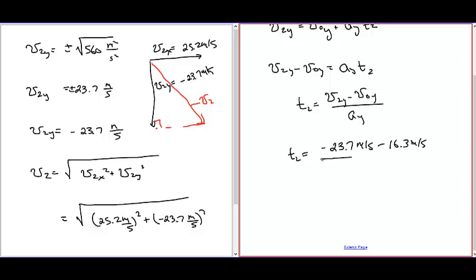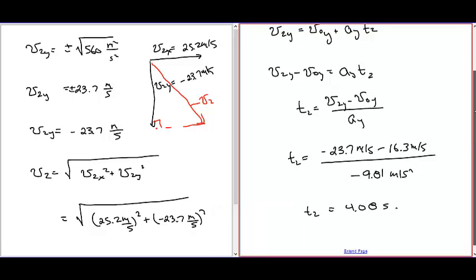And then you divide the whole thing by negative 9.81 meters per second squared. And you can see, I get a negative number in the numerator divided by a negative number in the denominator. So I get a positive time, which makes me very happy. So if I carry out that calculation, I get t2 is 4.08 seconds.